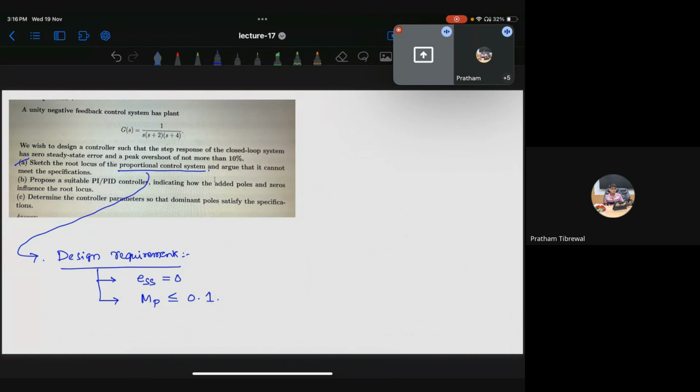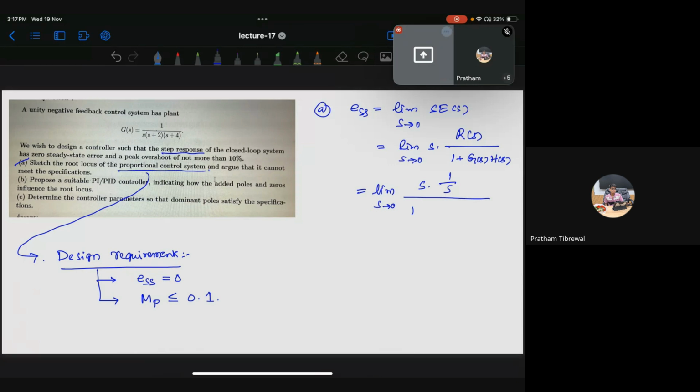So let's start with the first one, ESS. We know that ESS is the limit as S tends to 0 of S times E of S, where E of S is R of S divided by 1 plus G of S H of S. We are looking at the step response, so R of S is 1 by S. Here G of S H of S is K by S times S plus 2 times S plus 4.